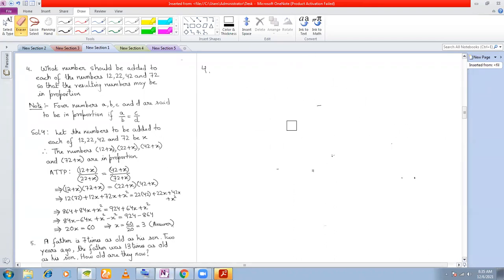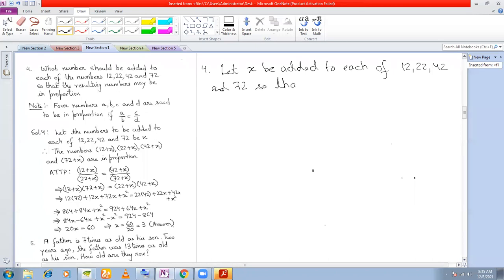We first say let x be added to each of 12, 22, 42, and 72 so that they be in proportion.